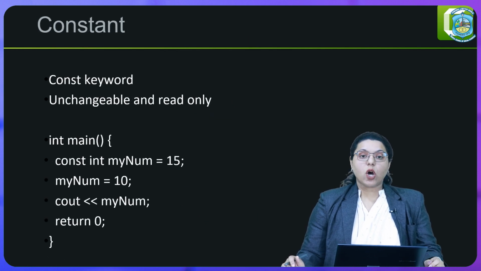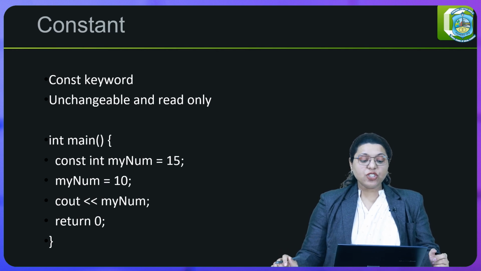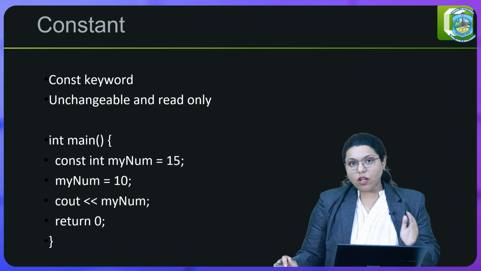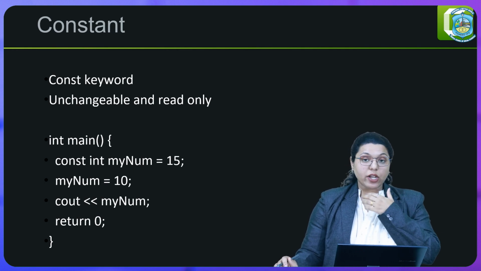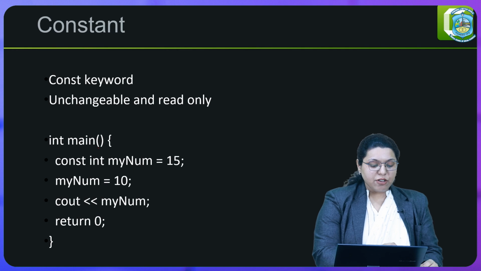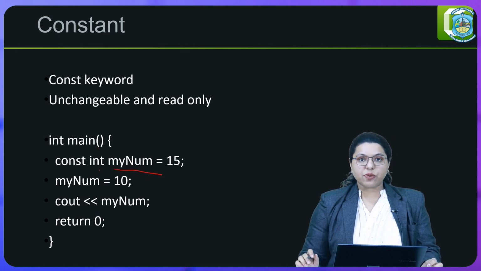Next is, what are constants? The constant keyword means unchangeable and read only, something which is constant, or cannot be changed or altered. Like for example, in int main, const int myNum is equal to 15 is written.